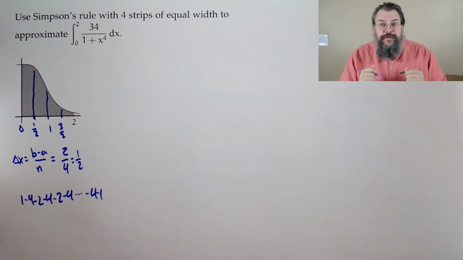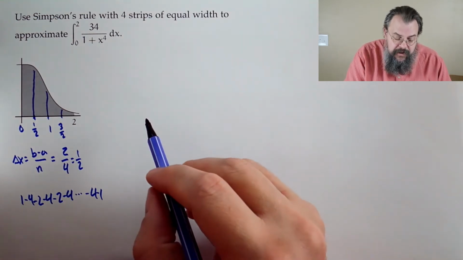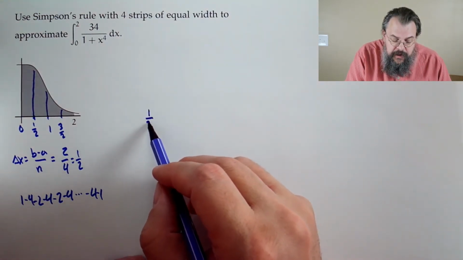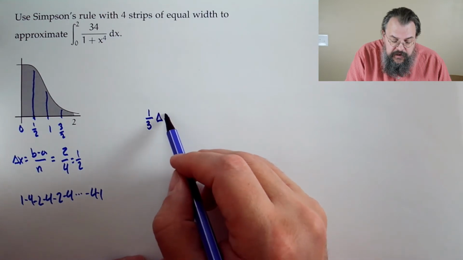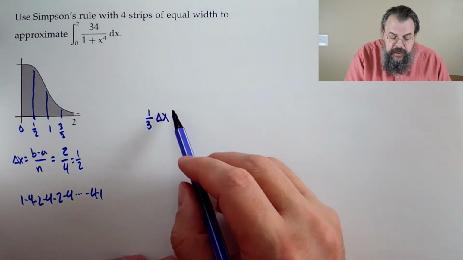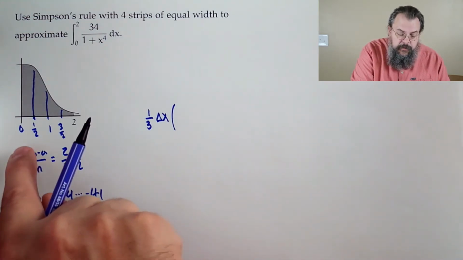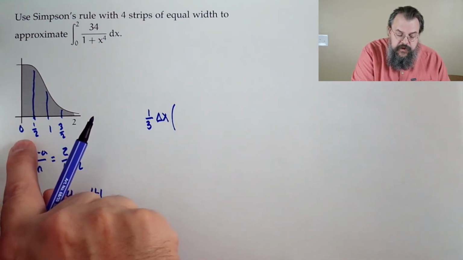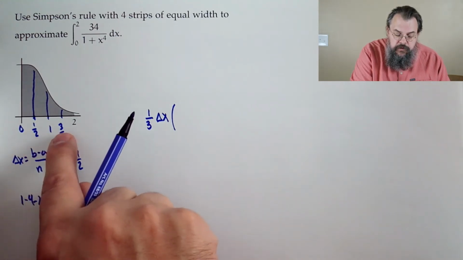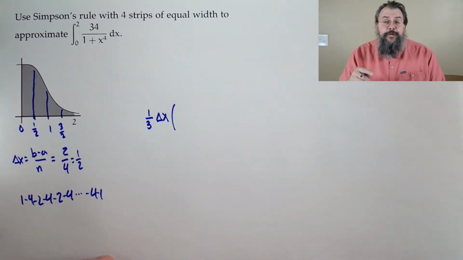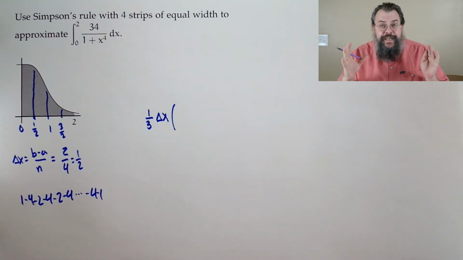Well, Simpson's rule says the following. Our approximation is going to be 1/3 delta x, and then we follow the pattern: you start at 1 and go 1, 4, 2, 4, then end at 1. It's important that when you're doing Simpson's rule, you have an even number of strips.